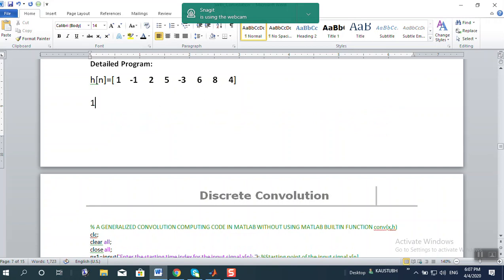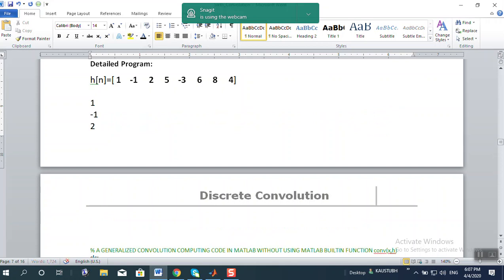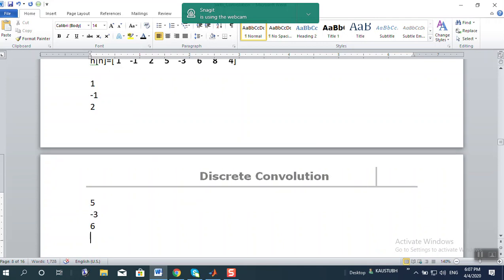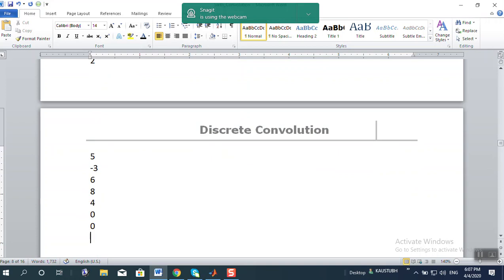So first will be 1, minus 1, 2, 5, minus 3, 6, 8, 4. So once I put it like this, it means folding. Then 0, 0, how many zeros?